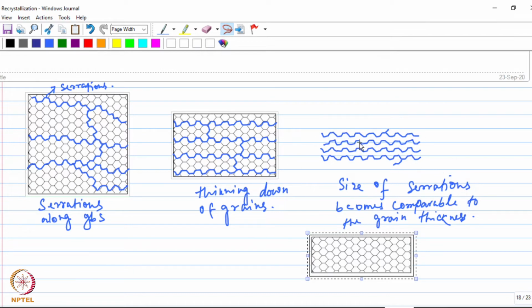So you can see, as the serrations become comparable to the thickness of the grain, they are approaching each other and eventually they will touch each other, they will impinge on each other, something like this.